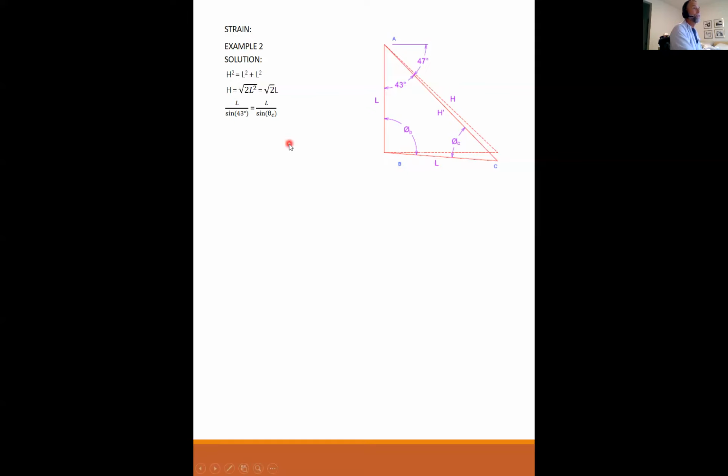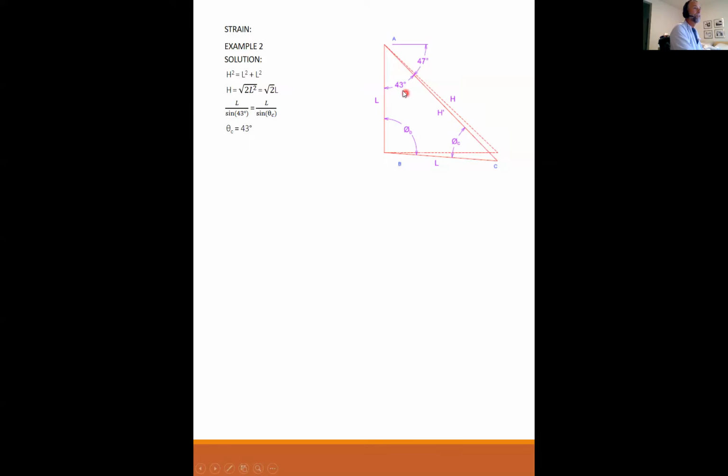So having said all that, L over sine of 43 is going to be equal to L over sine of theta C. See, now we have something that we can start getting our teeth into. So that means theta C is equal to 43 degrees. Now we have that right off the bat.